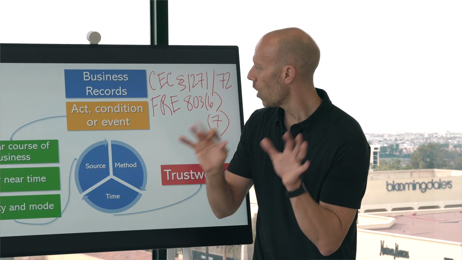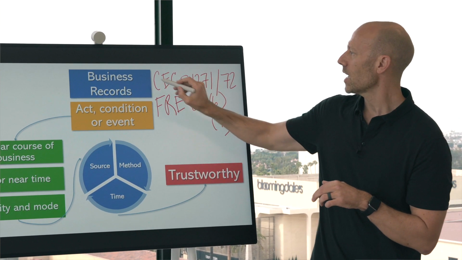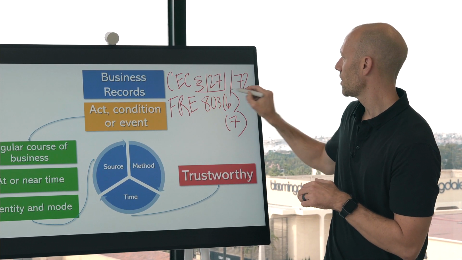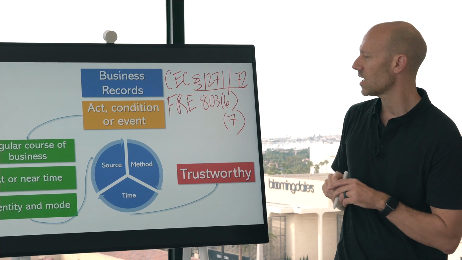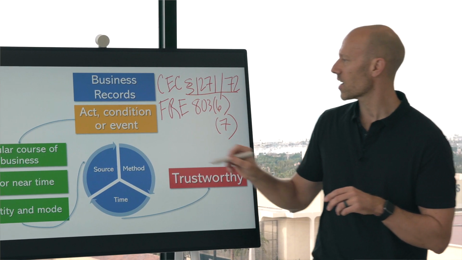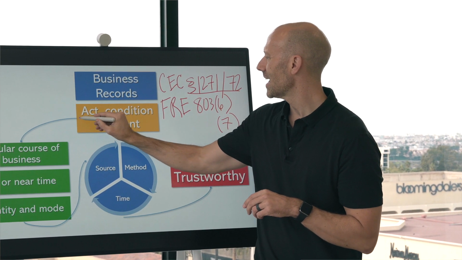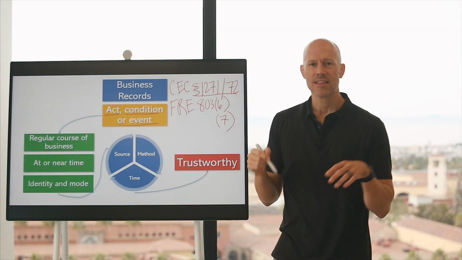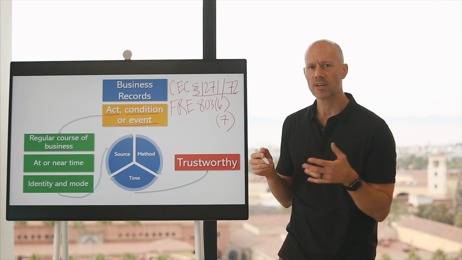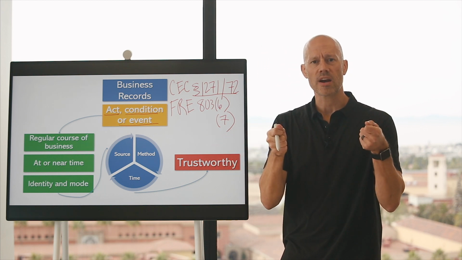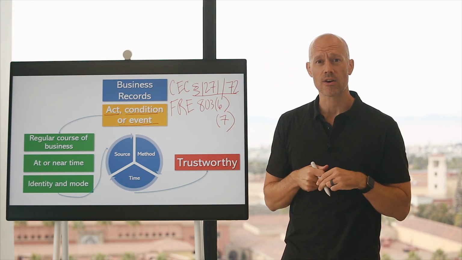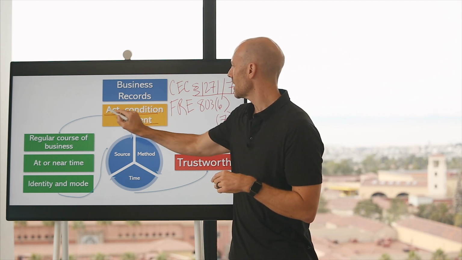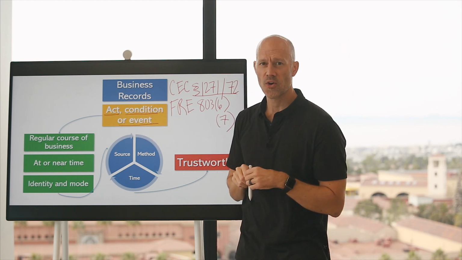The first thing we want to look at is what kind of business records are allowed. Section 1271 limits business records to records that record an act, condition, or event. This is important language because people often want to get business records into evidence that go beyond describing an act, condition, or event.